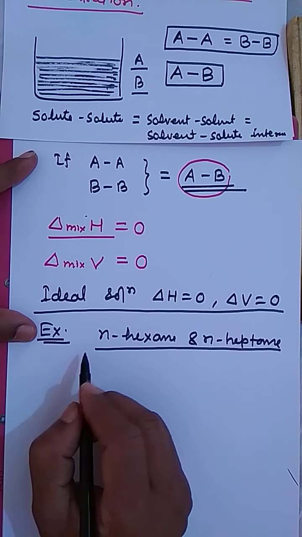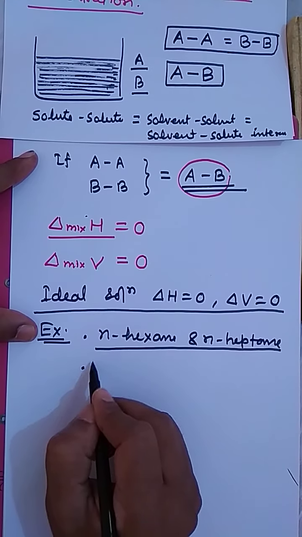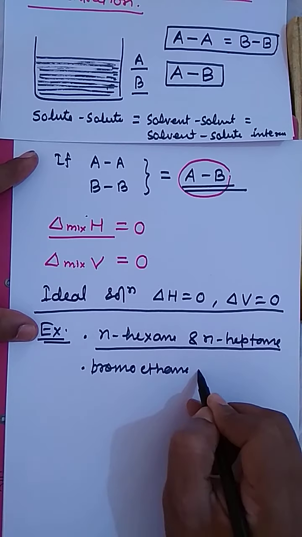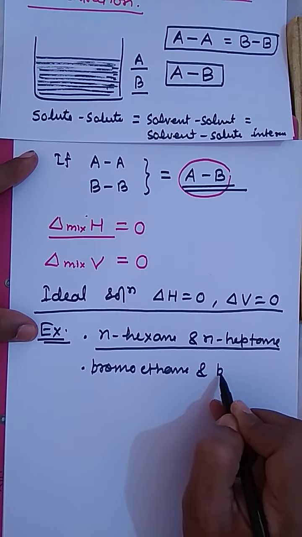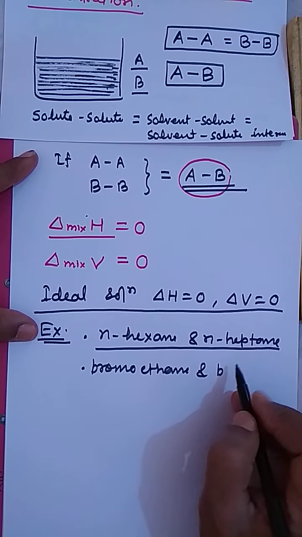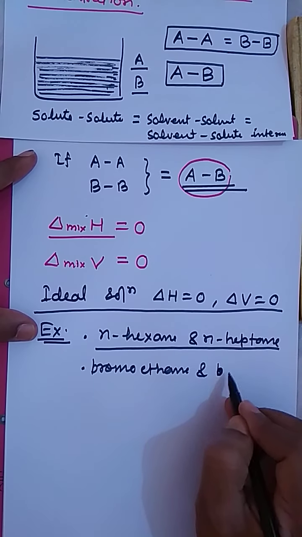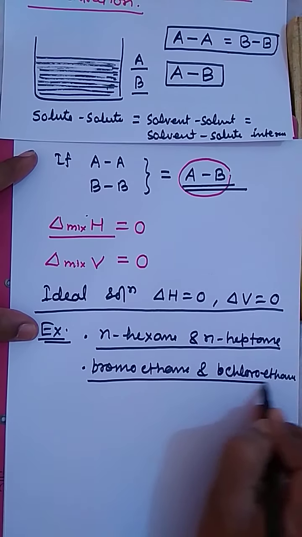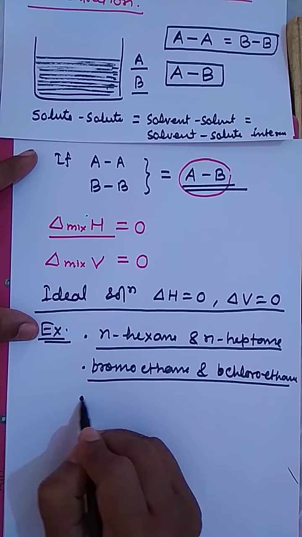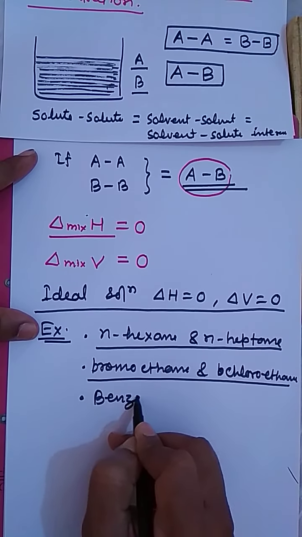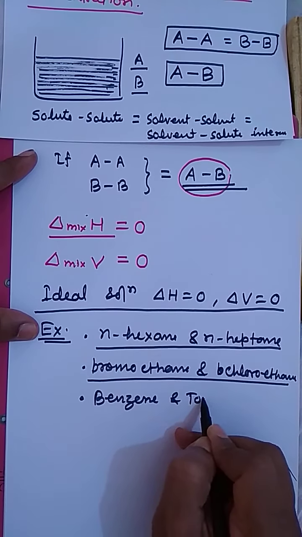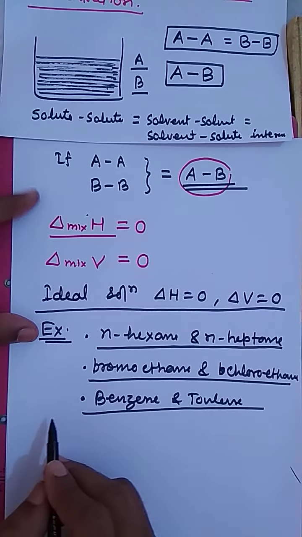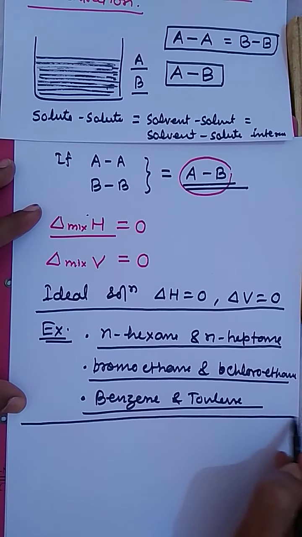Close to ideal. Or second one, bromoethane and chloroethane, close to ideal. Or you can write benzene and toluene. It's close to ideal, not perfect ideal solution, right?